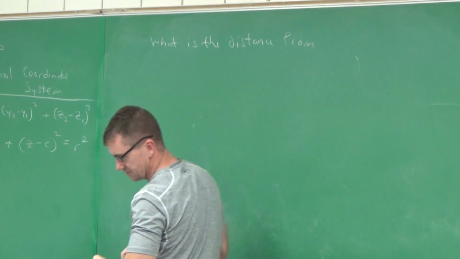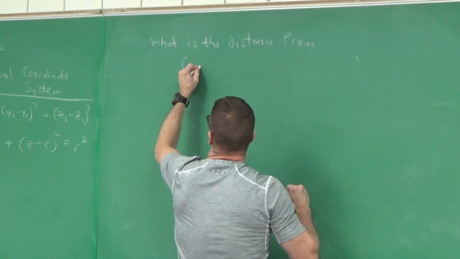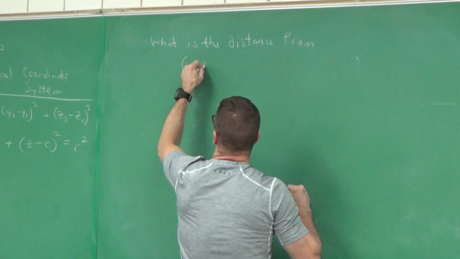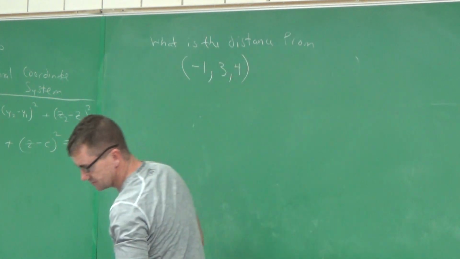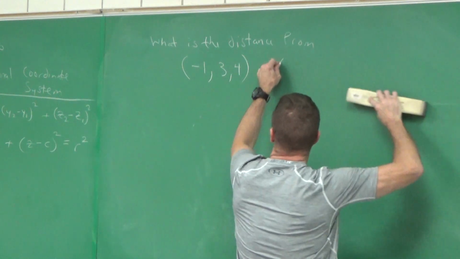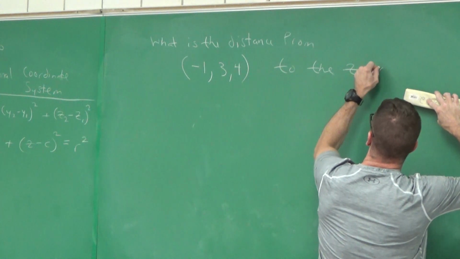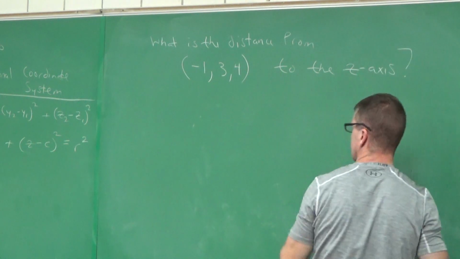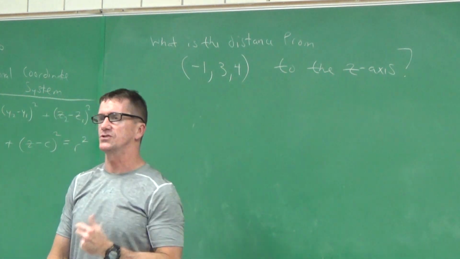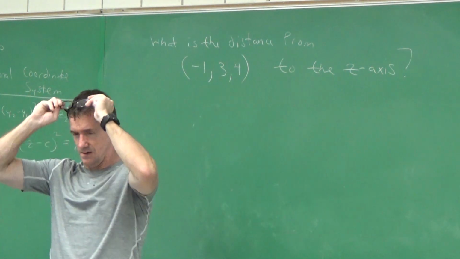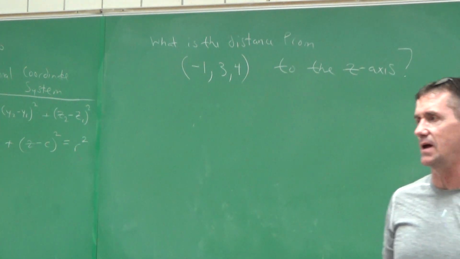From the point (-1, 3, 4) to the z-axis? What is the distance from that point to the z-axis? We don't even have to draw this. If you want to make a drawing, you can.